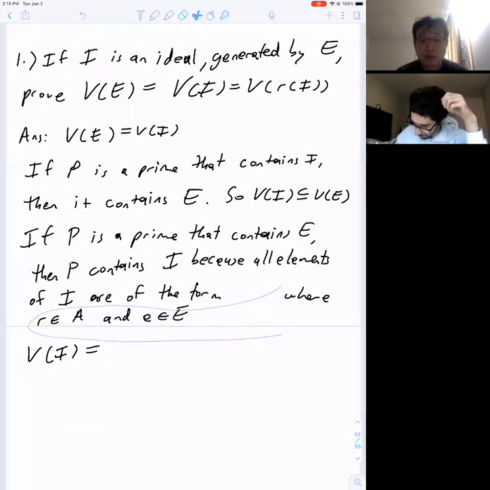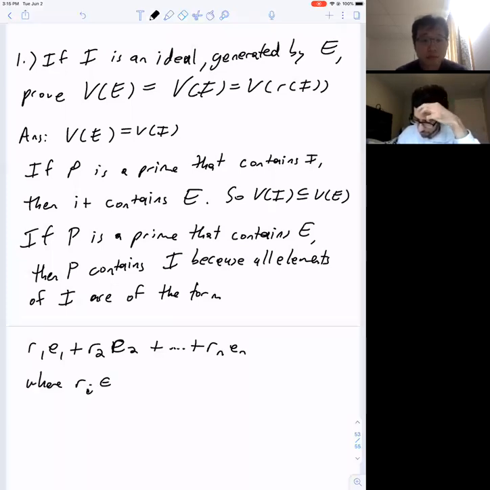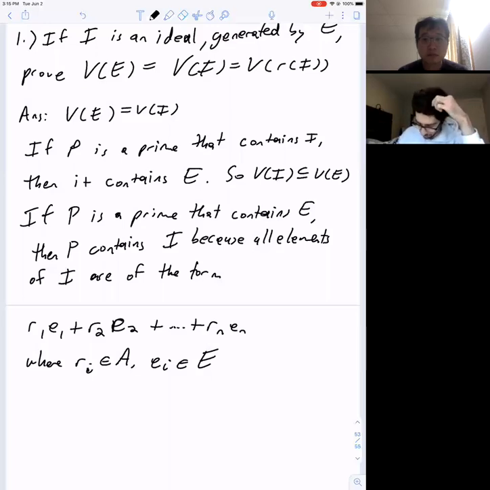It's a little bit more like this: r1 e1 plus r2 e2 plus up to rn en, where ri is in the ring and ei is in E. And so clearly, if the prime ideal contains E, then it contains all elements of this form. And so then we have I is contained in P. So we are done with that equality.